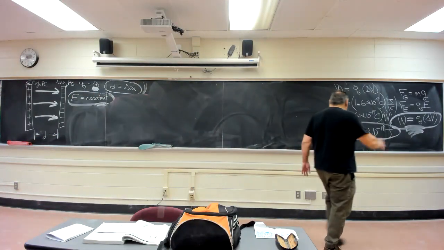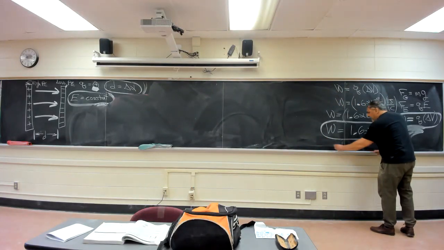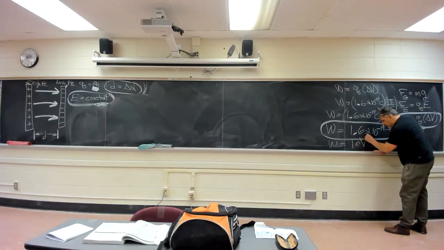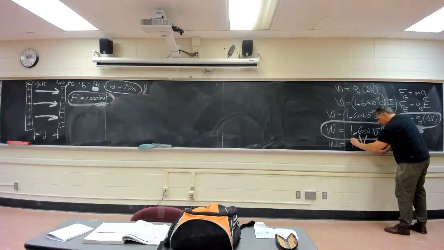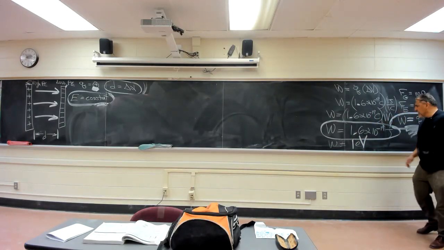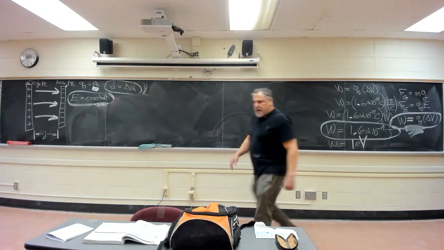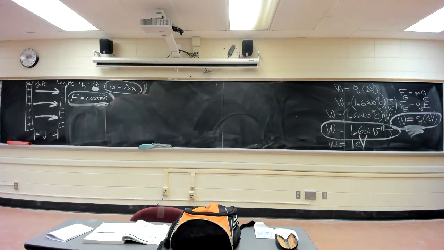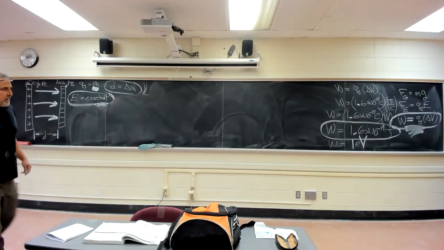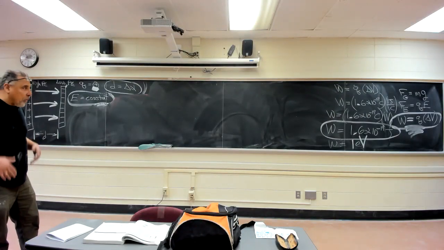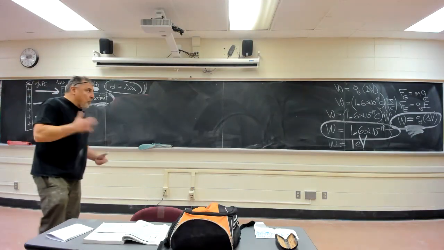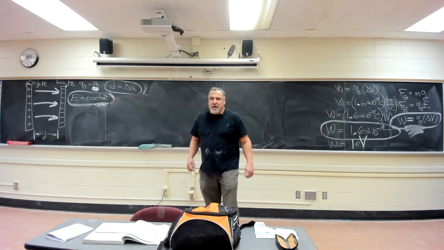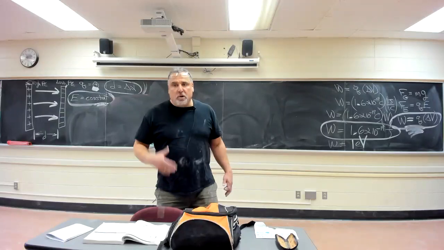That amount right there, they call 1 eV, 1 electron volt. 1 electron volt is a unit of energy equal to the amount of energy acquired, depending on what's going on, when something with a charge of 1 electron is experiencing 1 volt of potential difference.